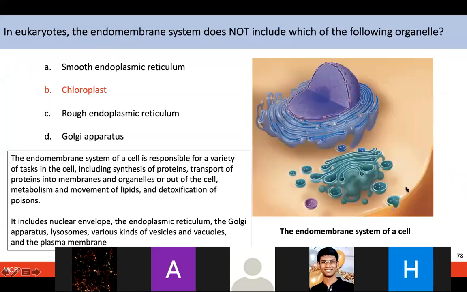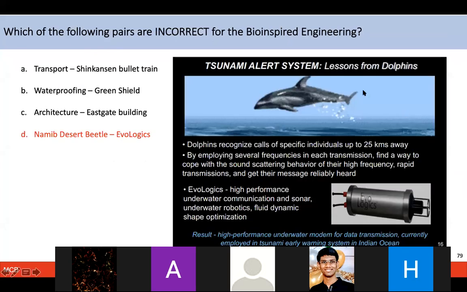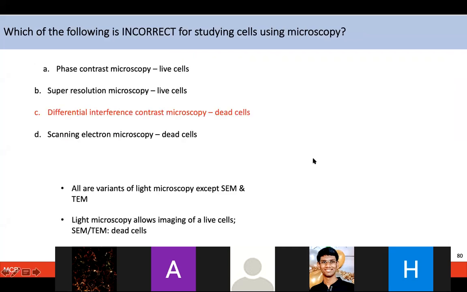Those steps are mentioned here. The endomembrane system involves a series of membranes from the endoplasmic reticulum, smooth or rough, and the Golgi apparatus. We asked for bio-inspired engineering examples, and the Evologics was actually an example of a tsunami alert system that we learned from dolphins, not from the beetle.